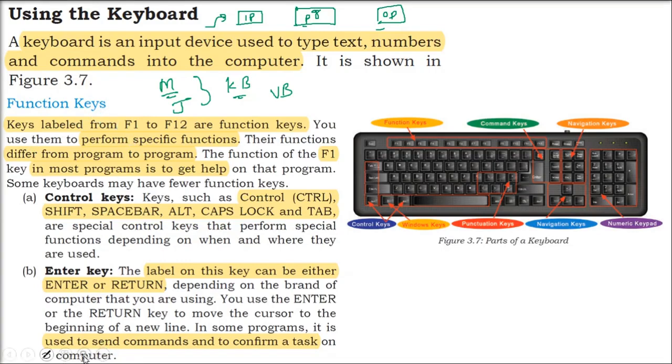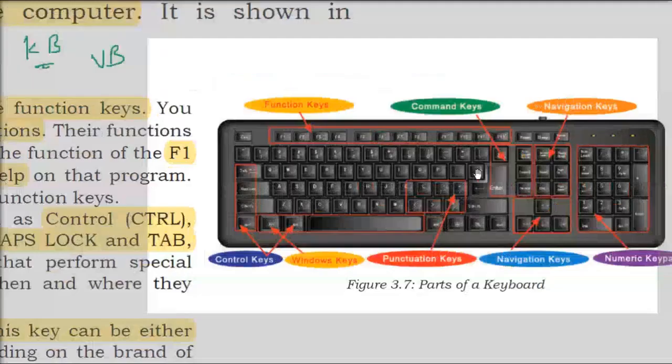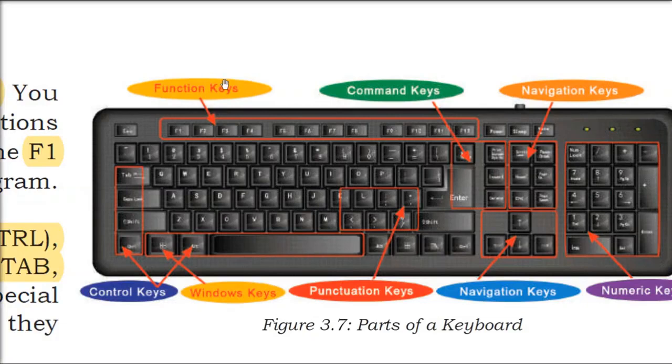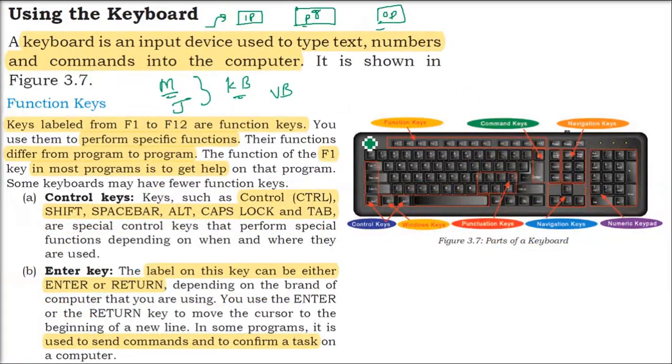How many parts can we divide this keyboard into, or what are the keys you have? Function keys. Normally we have 11 to 12 function keys here, F1 to F12, and they have very specific functions. Normally, if we press F1, whichever program you are working on, the help will open.